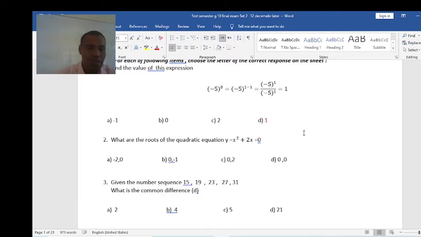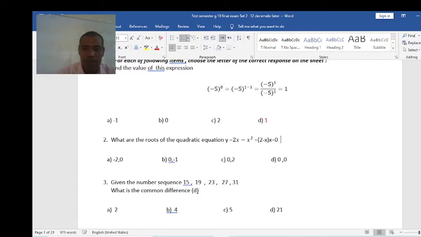For the next question, what are the roots of 2x minus x squared, okay? If you want to use the quadratic formula, or just factorization, you should find the two roots, okay? Here you can factorize this, my learners. You just make parentheses 2 minus x multiplied by x should be equal to 0.